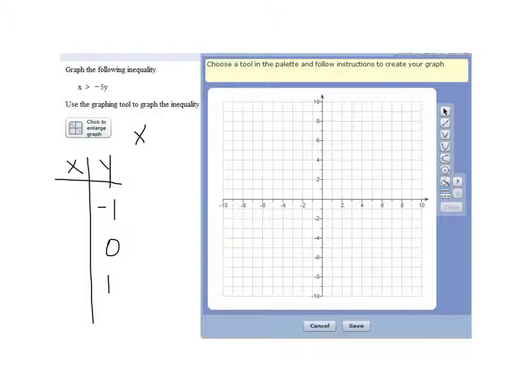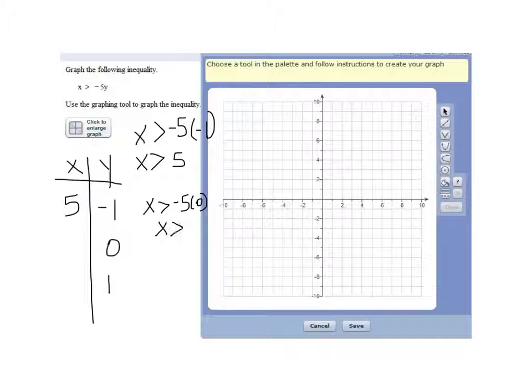So x is greater than -5, and remember I'm going to replace my y with -1 to begin with. So I have x is greater than -5 times -1. So I have 5, -1 for a point. If I substitute in 0 for y, x is greater than -5 times 0, which is just 0 for my x.